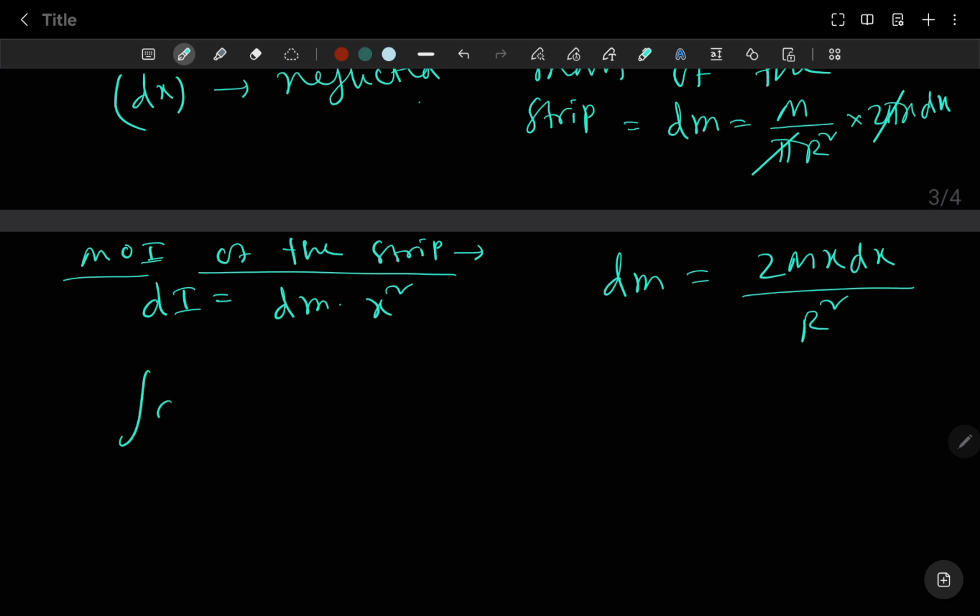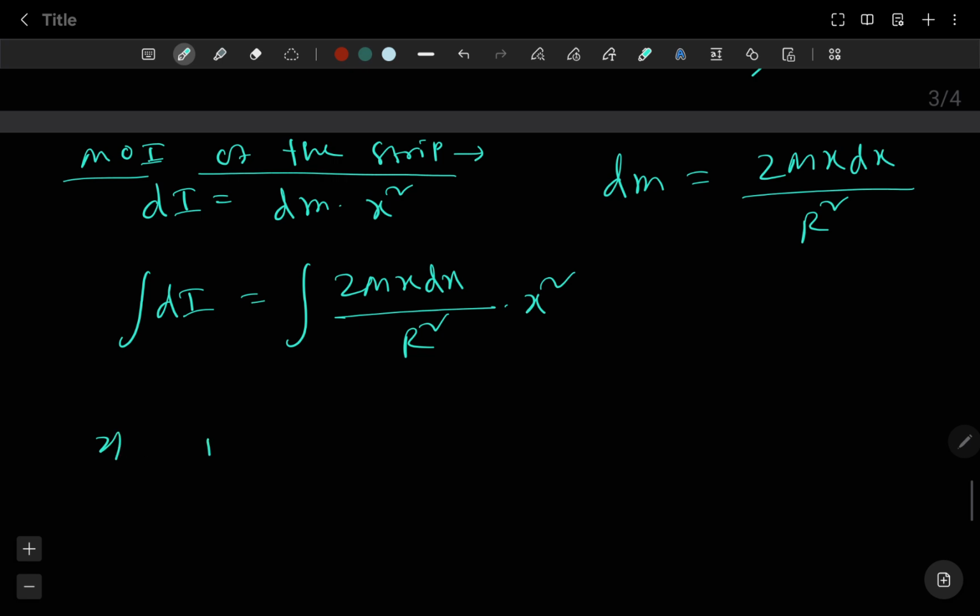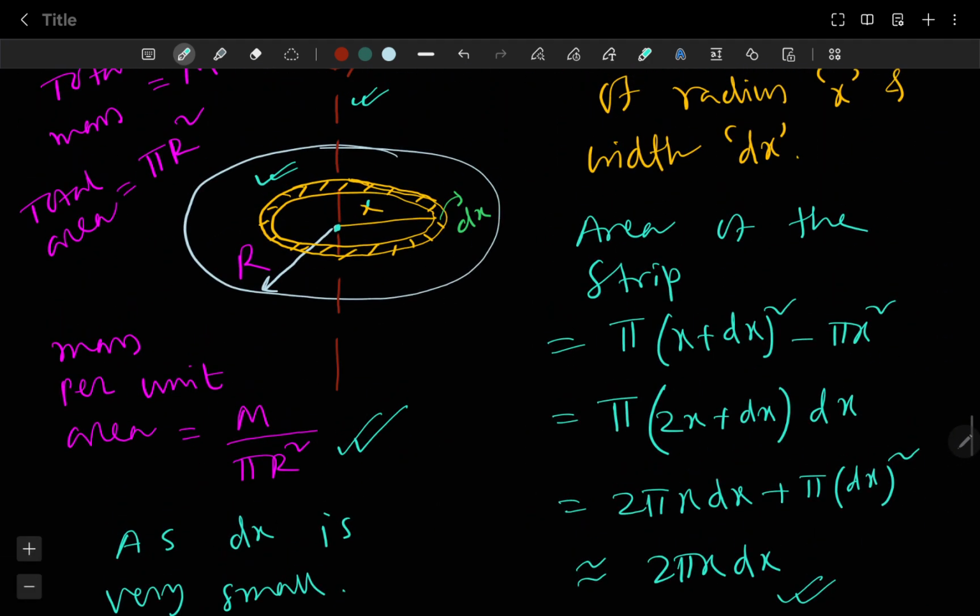So integral dI, I'll get integral of dm, whose value is 2M x dx by R square, into x square. So I'll get I, the total moment of inertia of the disk. 2M by R square will be outside as constant, so it is x cube dx. So the limit of x is 0 to R, from origin 0 to R.